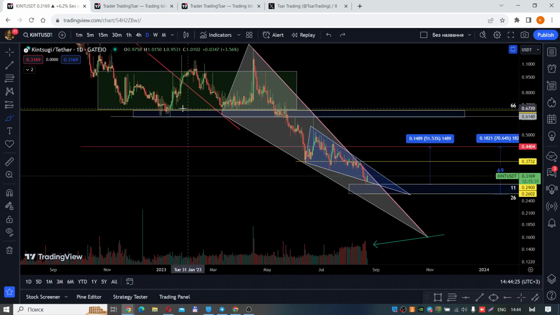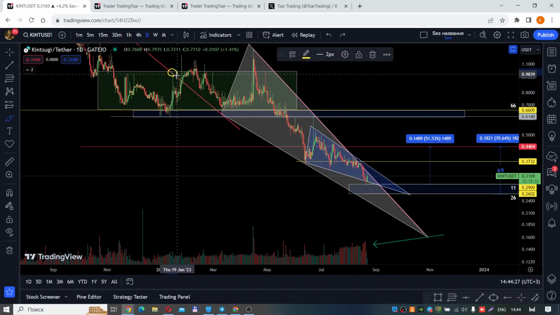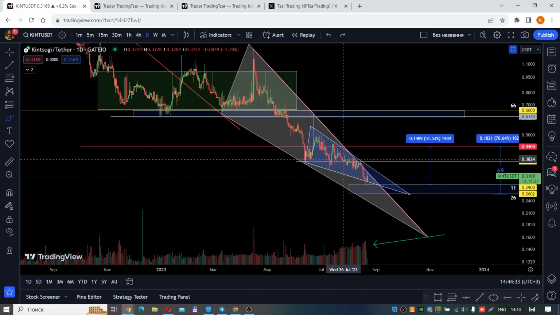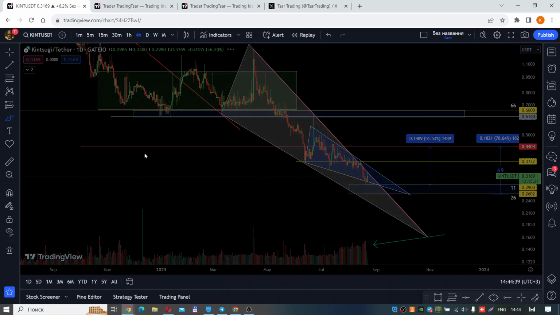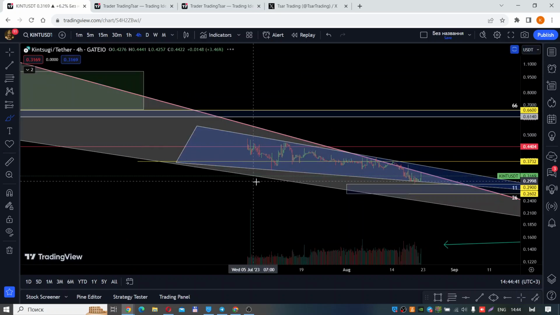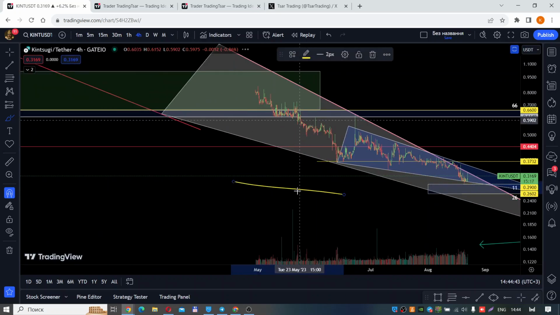I wanted to say, because when the price moves like this, you can take the price movement, but if you work with your hands, if you want to close the deal manually, you probably wouldn't be able to do it.